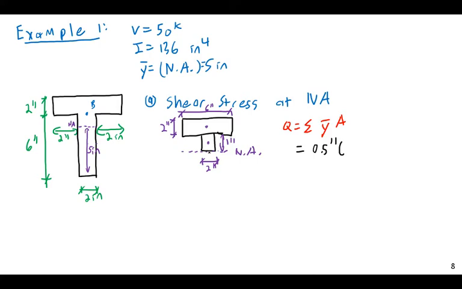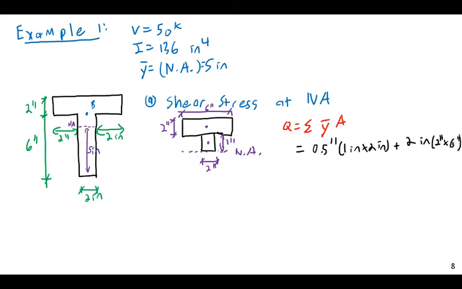We're interested in the stress at the neutral axis, so that is why the first piece has a y bar of 0.5 inches. 0.5 inches times 1 inch times 2 inches, that's the area of that piece, plus 2 inches, that'll be the distance from here to the centroid, times 2 inches times 6 inches.